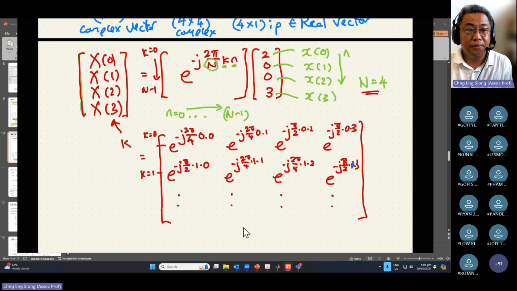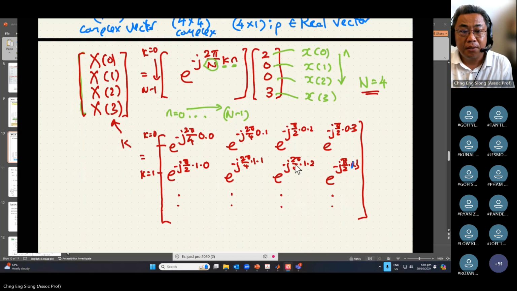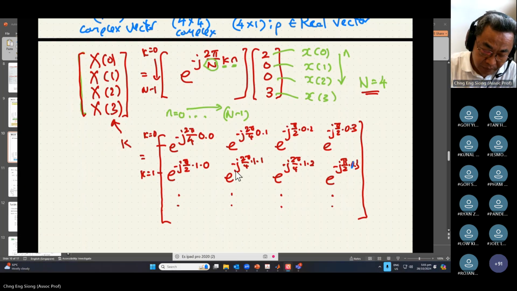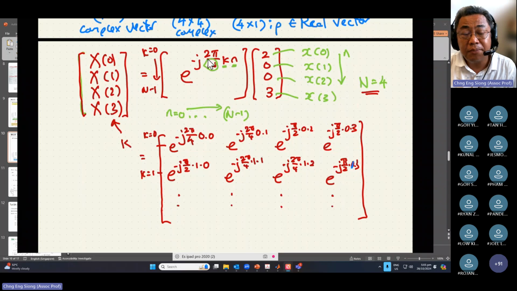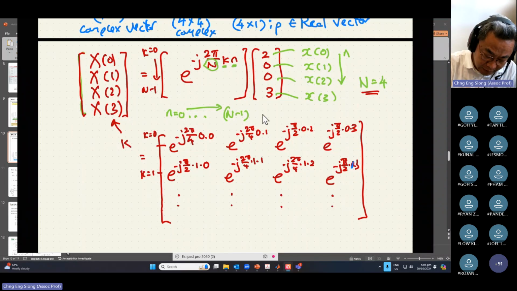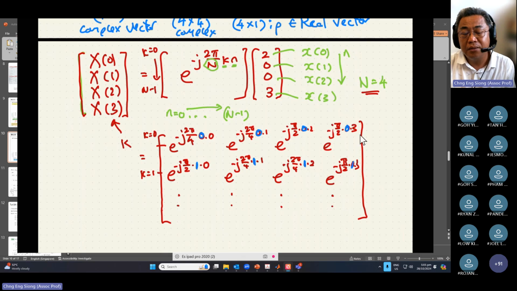Where is k? It is e^(-j2π kn/N). So all these guys are k. I'm highlighting, yeah? All these guys are k. Now, what does k equals 1 mean? Then the n is always running along the rows. It is scaling this guy.